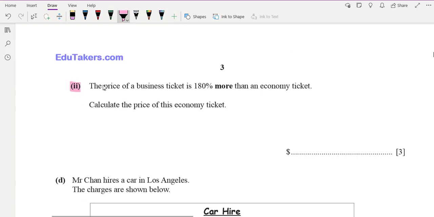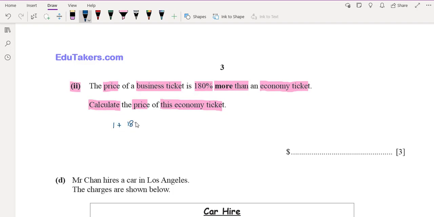It's part 2. The price of a business ticket is 180% more than an economy ticket. Calculate the price of this economy ticket. The price of a business ticket is 180% more than an economy ticket, so 1 plus 180%.